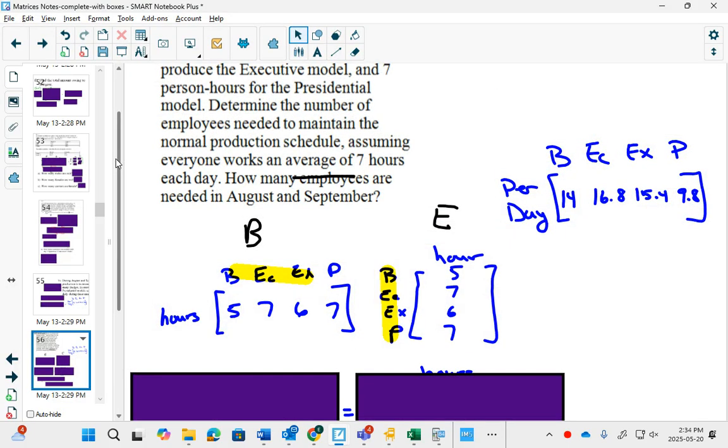So these are two ways that I could set up, and I wanted to know how many hours per day. Which of these two matrices should I multiply by this one? Because this one is a 1 by 4, and my models are here.